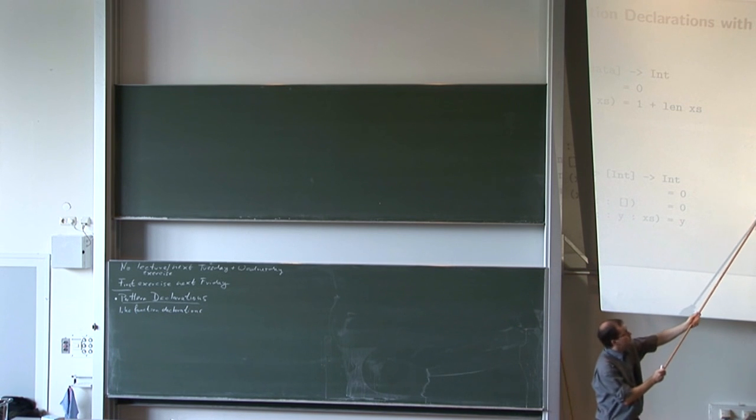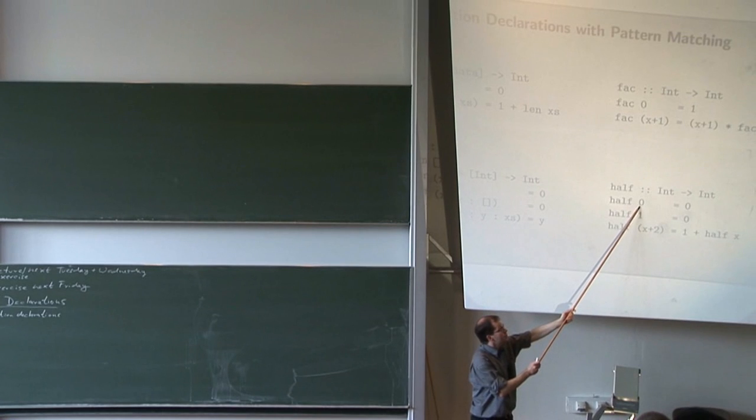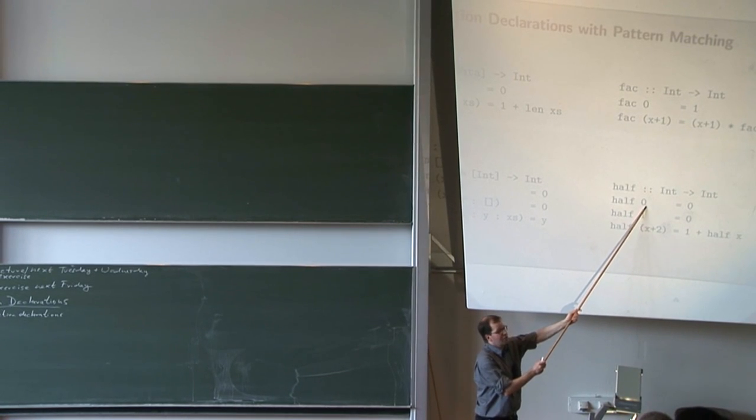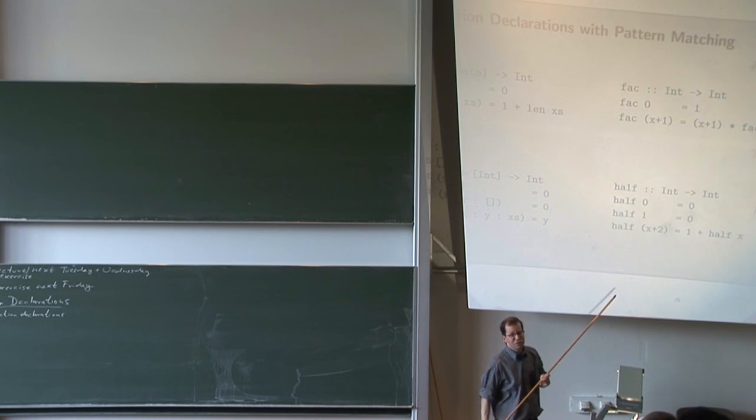The left-hand side has first the name of the function and then a sequence of arguments, a sequence of patterns describing the potential arguments. So you have at least 2 items on the left-hand side of the equation. And for pattern declarations, you have just 1 item on the left-hand side of the declaration. That's it. The only difference is this.